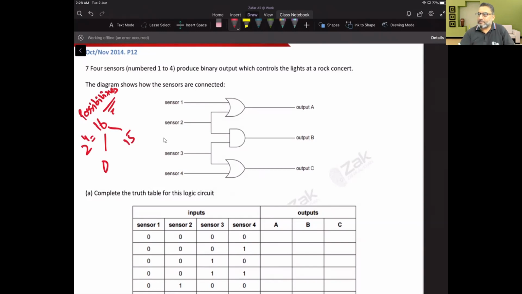A would be sensor 1 plus 2, B would be 2 and 3, and C will be 3 plus 4. So these digits are actually showing sensors. Sensor 1 or sensor 2 is A. Sensor 2 and sensor 3 is B. Sensor 3 or sensor 4 is C.